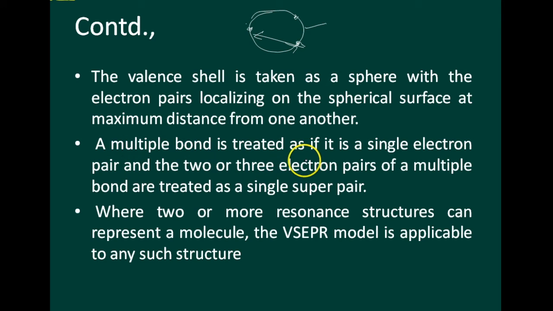Next, a multiple bond is treated as if it is a single electron pair, and the two or three electron pairs of a multiple bond are treated as a single super pair. There is not a single bond, two bonds, but a multiple bond is more than two.